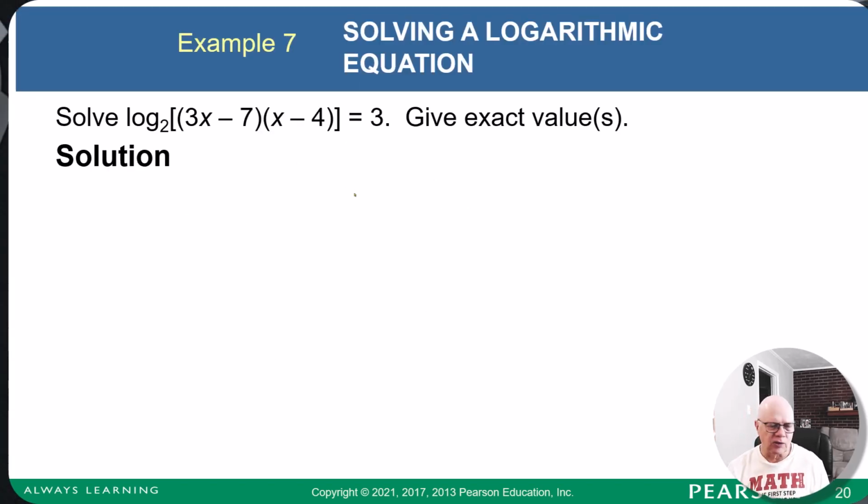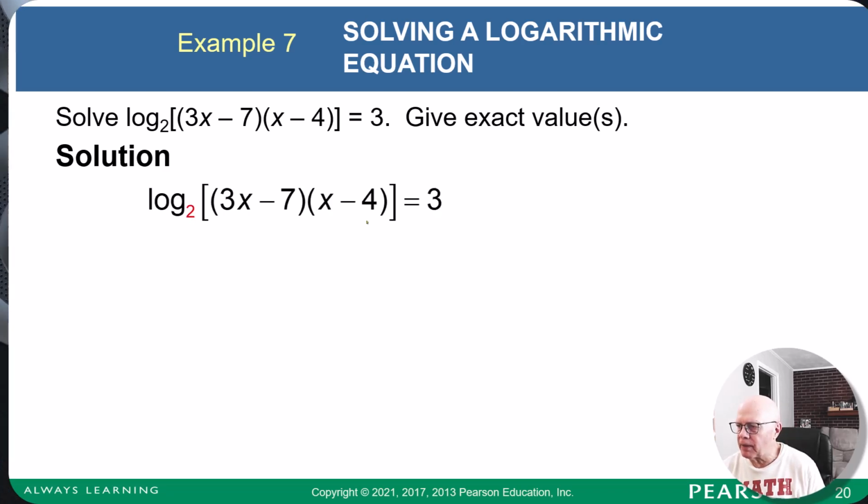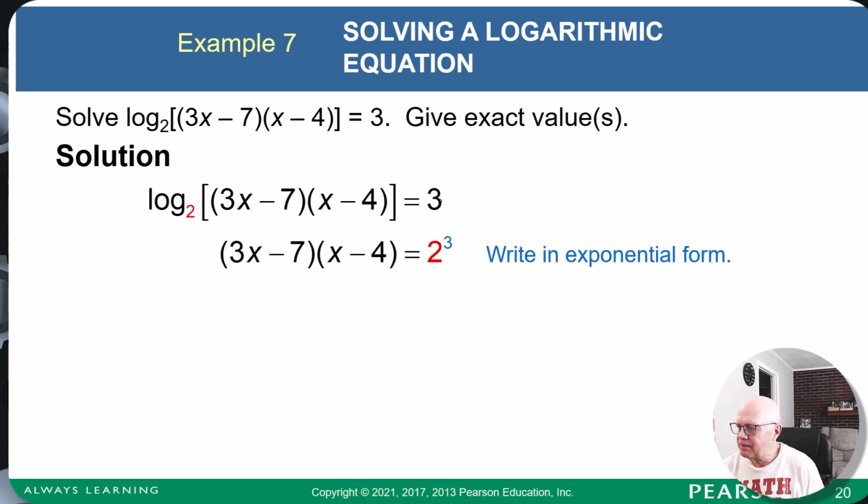All right, this looks a little bit complicated, but really not too much. So remember what we did before? First of all, make sure your copy is correct. Next, since you're taking each side and using that as an exponent, this is what you get.